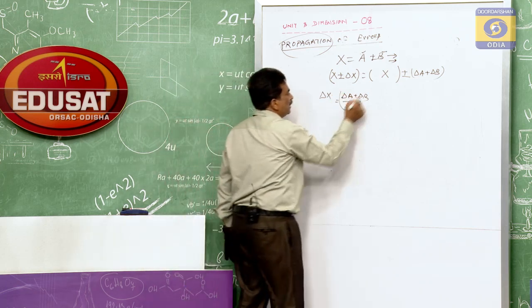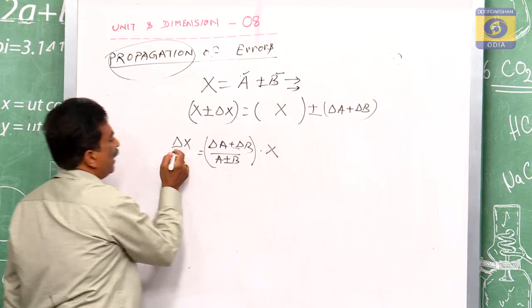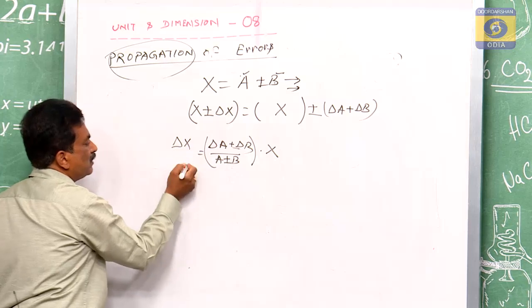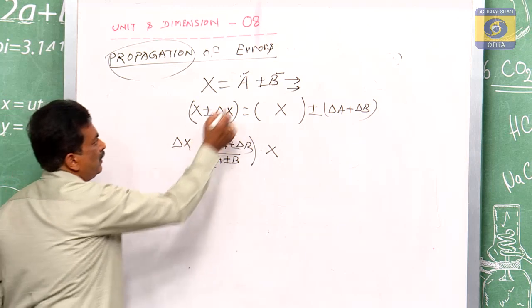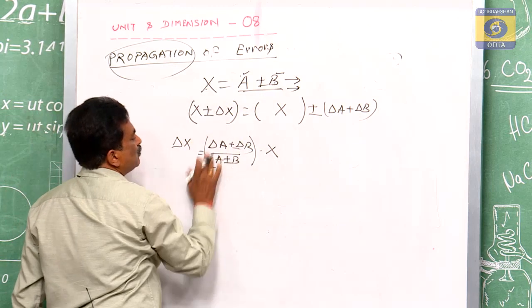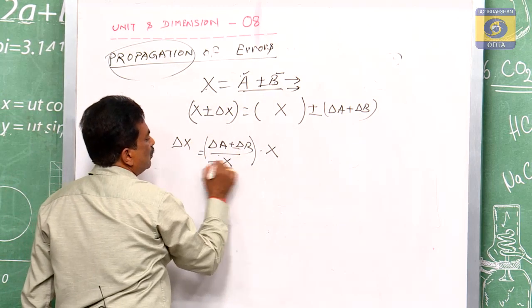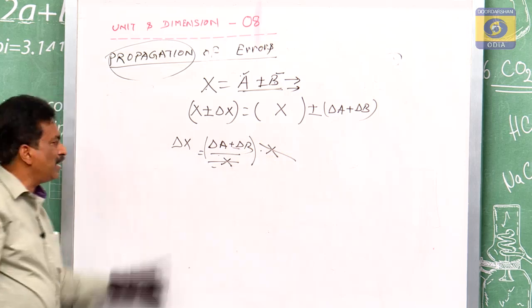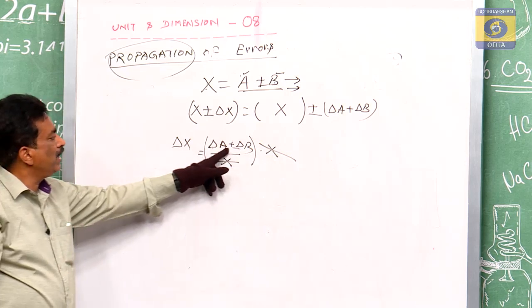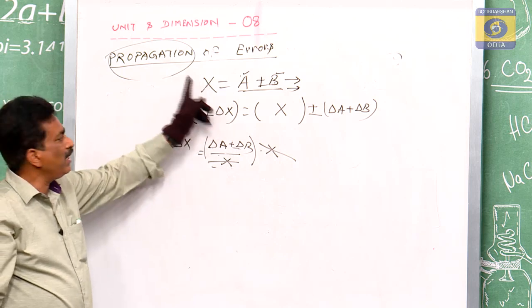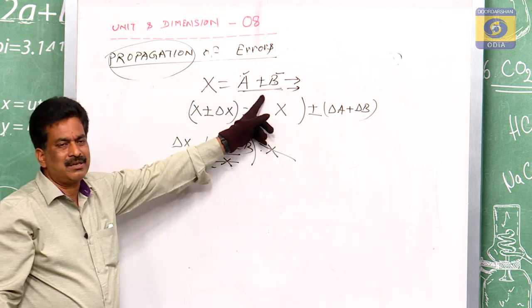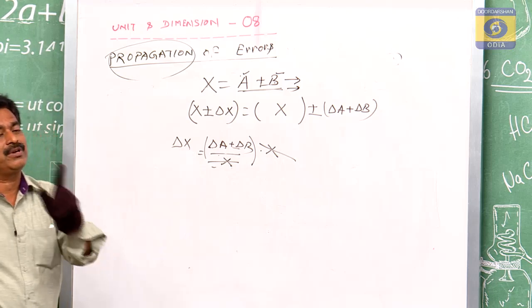So del x means these two we multiply with x, because in the division there was x, x will go there. So a plus or minus b is x, so this x cancels. So del x equals del a plus del b. Means whatever may be, if it is the addition or the subtraction, the error is always to be added.